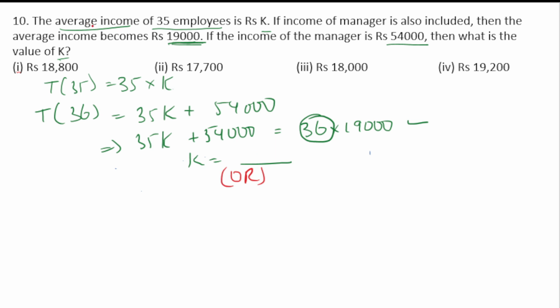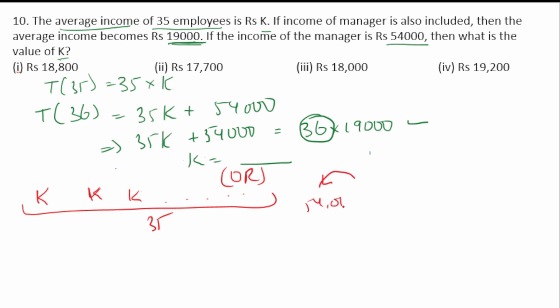See, the average income of 35 employees is K. So we will assume the income of every employee is K. There are 35 employees here, and the income of the manager is 54,000. If the income of the manager is included, the average became 19,000. So this K became 19,000, and this 54 also became 19,000.